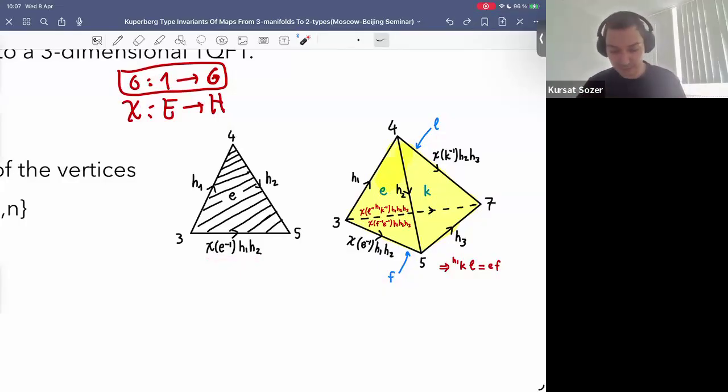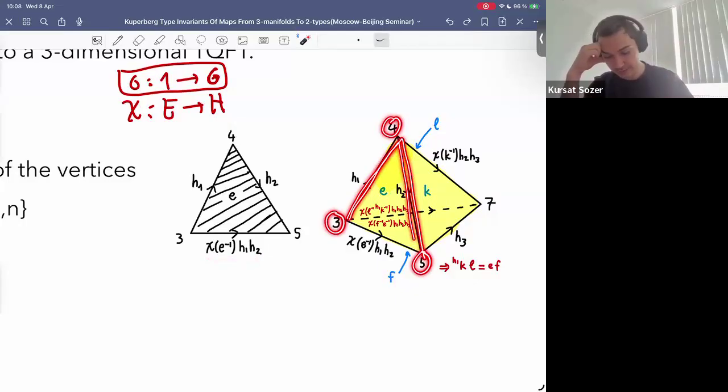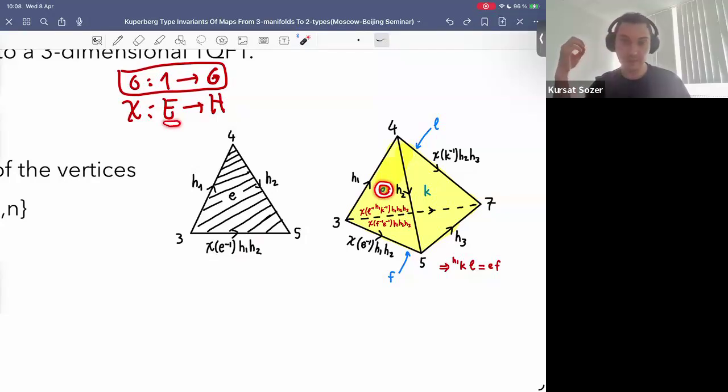So when we have a tetrahedron, we do similar things on each face. We color edges by elements of H, the second group. We color triangles with elements of the first group, in a way compatible with the ordering. Like we have a total order on the boundary. When we go this way, we get an element of H, but we get this second element here, given by the color of each triangle and the product of the first two edges.